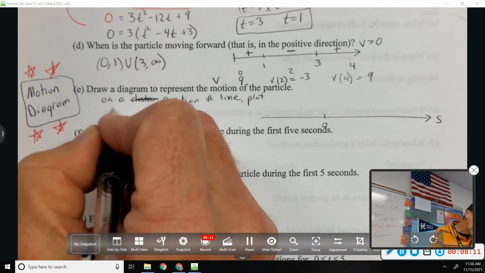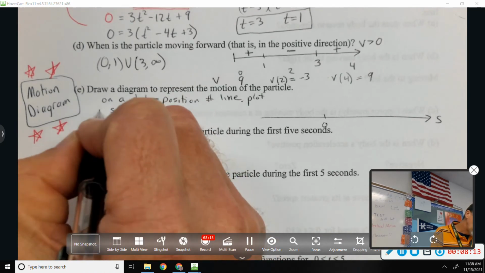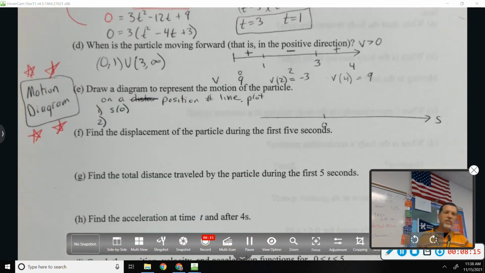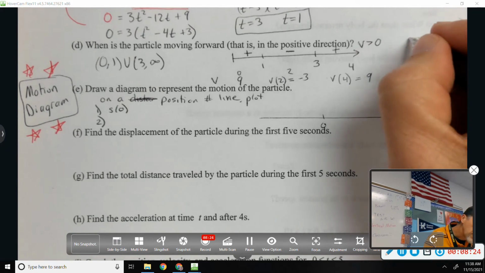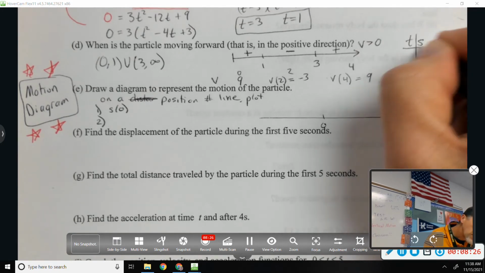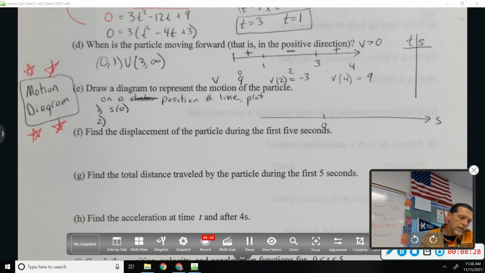And what I want to plot is S of 0, because that's where it starts. Now, it doesn't always start at 0. In fact, I'm going to make a little table here for my number line.